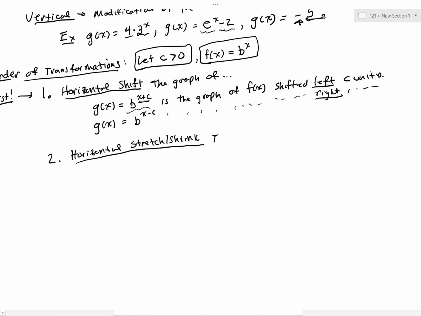So the graph of g of x is equal to b to the x, or c times x, is a horizontal stretch or shrink.